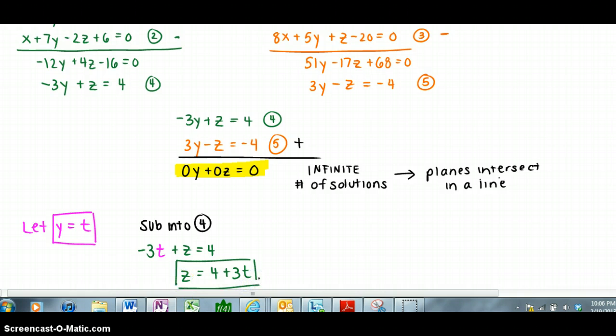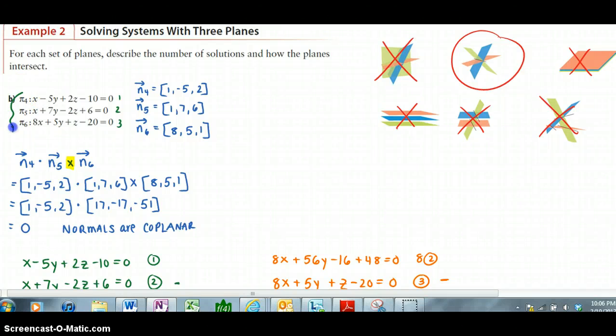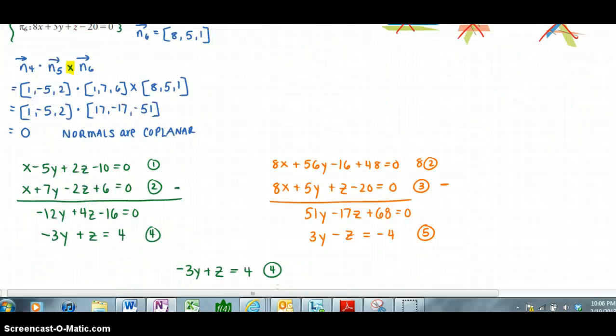Once you have y and z, you need to go back to the equation that has 3 unknowns, which is any of the 3 equations we started with. I'll pick equation 1, and I'll sub y and z into that equation in order to solve for x.